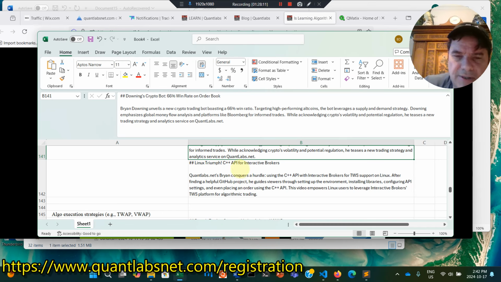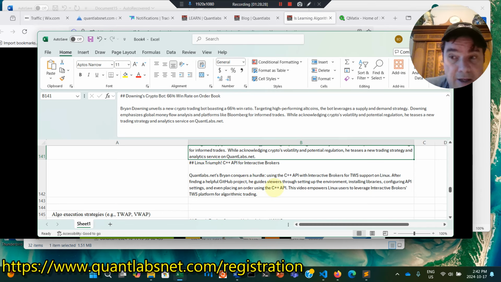Using the C++ API for Interactive Brokers on Linux is a big challenge. The API with TWS support on Linux was a challenge, but I found a GitHub project. Is it still current? I don't know.